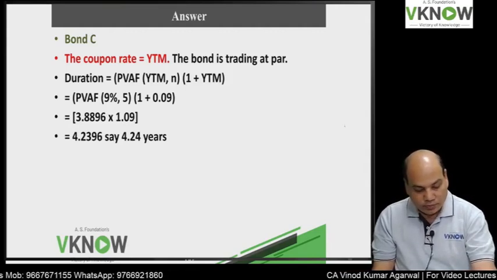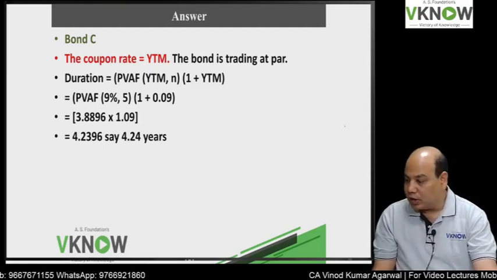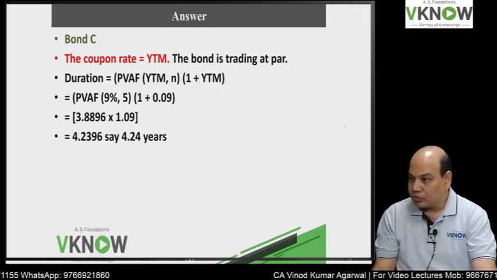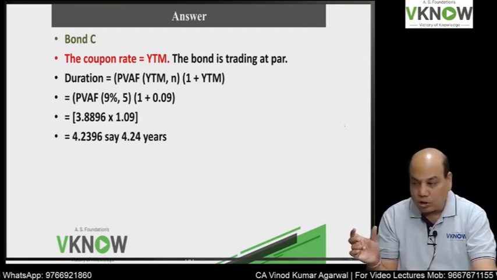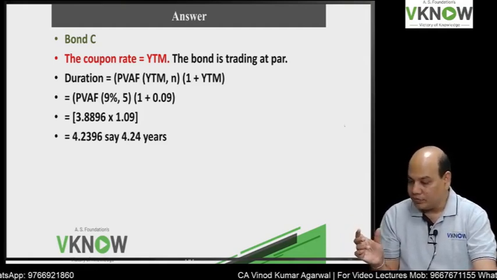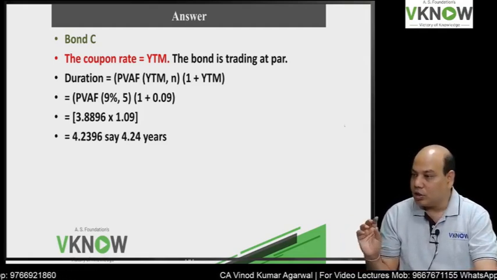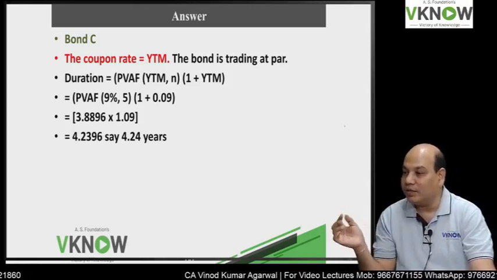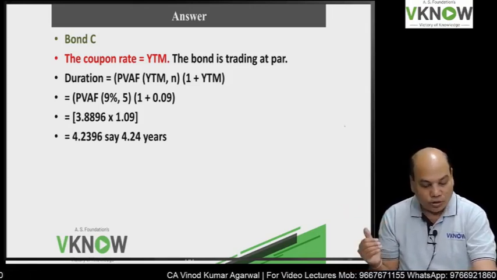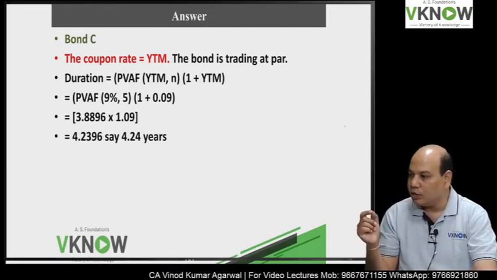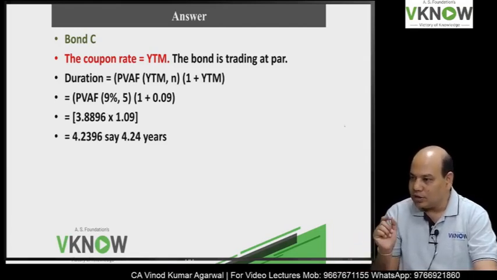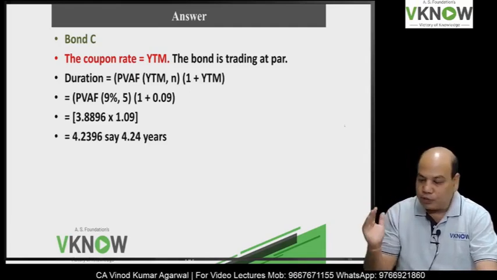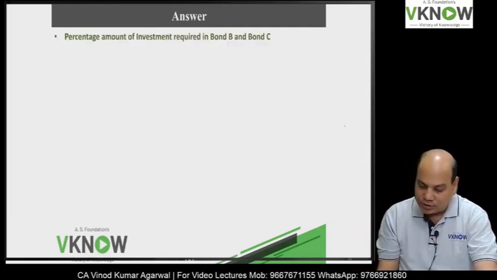So the liability has a duration of 6 years, and the duration of the bond portfolio should also be 6 years. The duration of a bond portfolio is the weighted average duration. We want the portfolio duration to be 6.